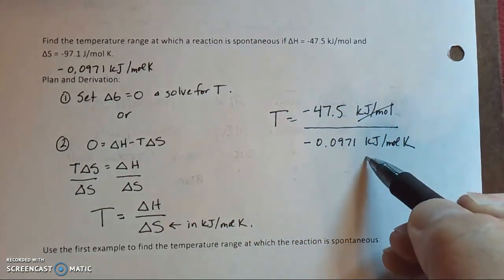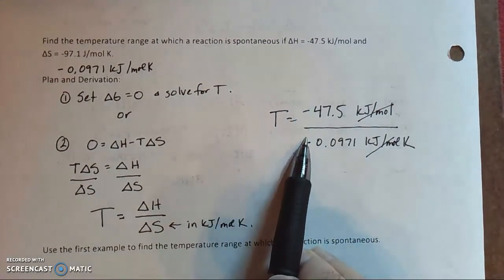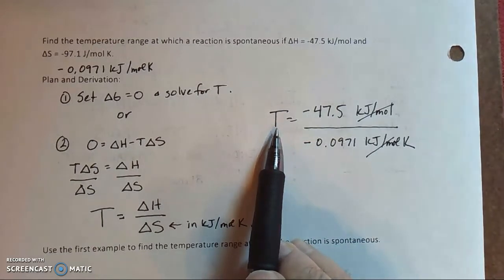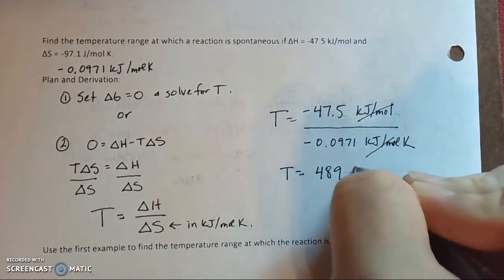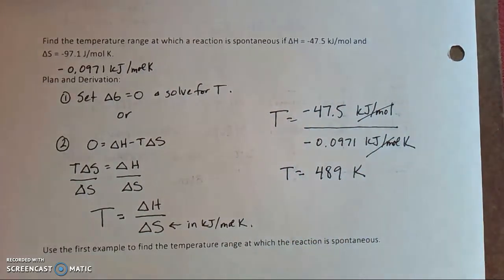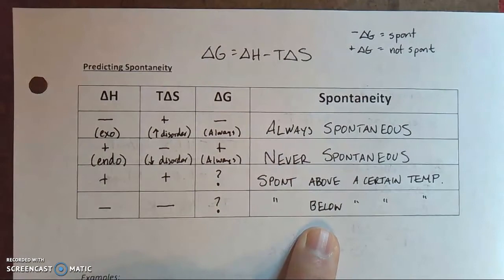So our kilojoules per mole cross off. We're left with Kelvin. The negatives cancel out because we have to have a positive value for a temperature because it's in Kelvin. And we get a temperature equal to 489 Kelvin. So we want to know where this is spontaneous. And if we look back at our chart, when they're negative, they're spontaneous below.